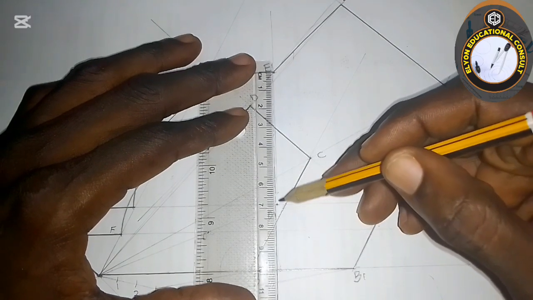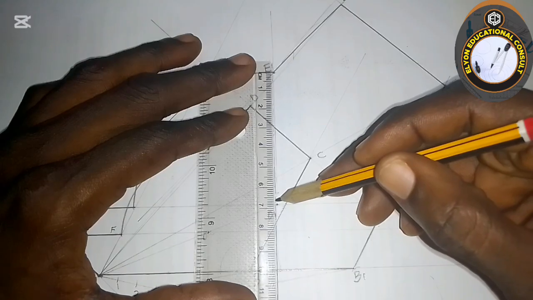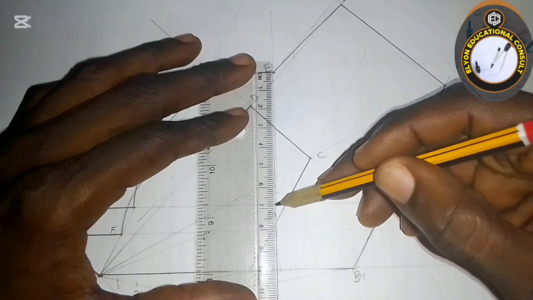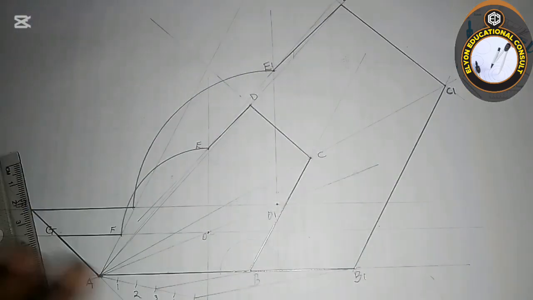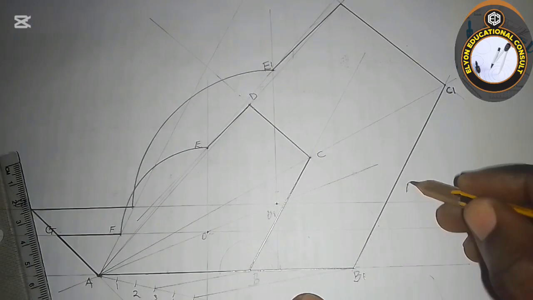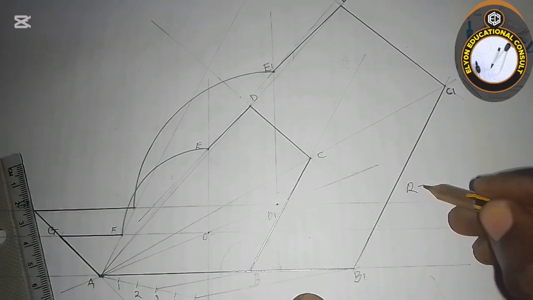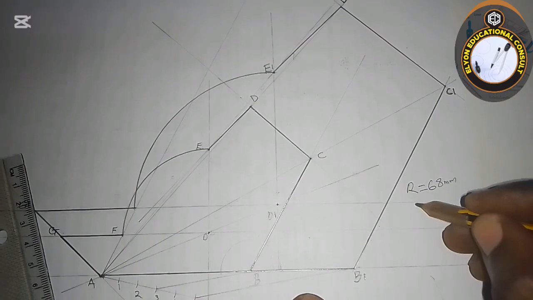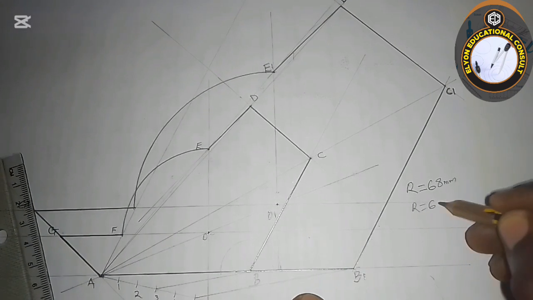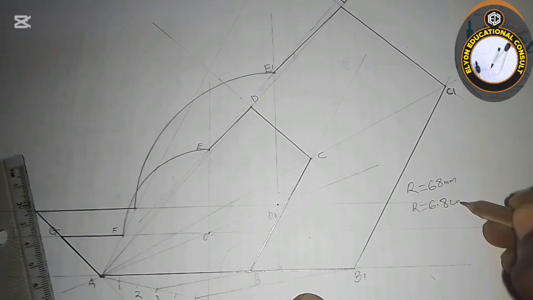This is 6.5, 6, 7, 8. That's 68. So the radius of the enlarged part is 68 mm, or we have it as 6.8 centimeter. Okay, now you see that now.